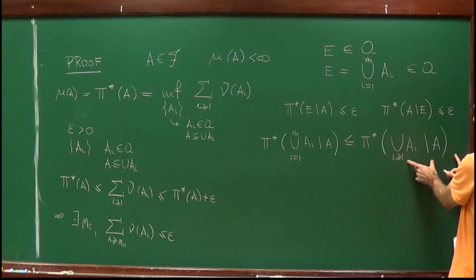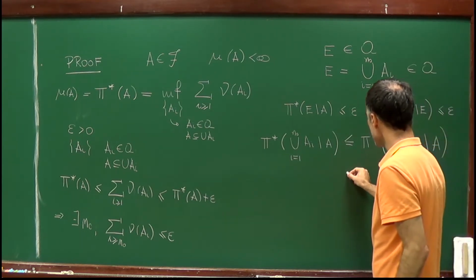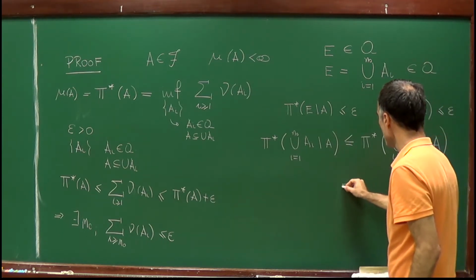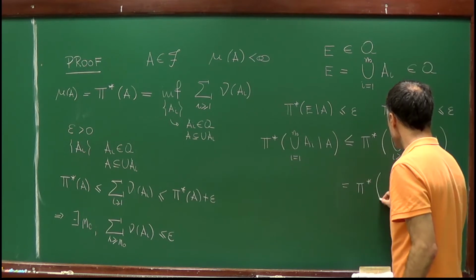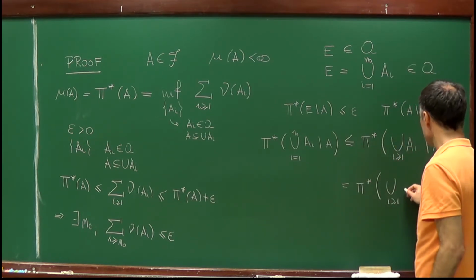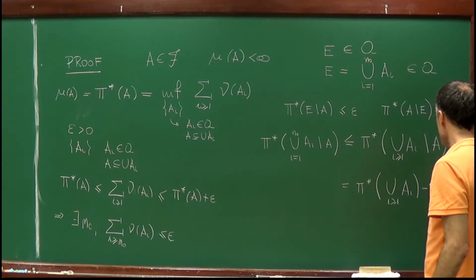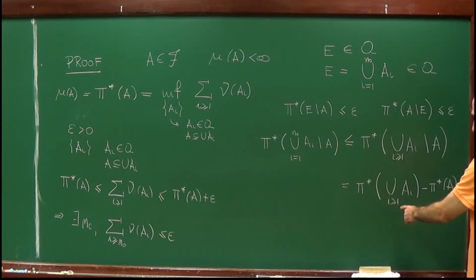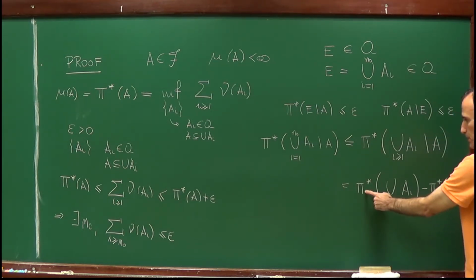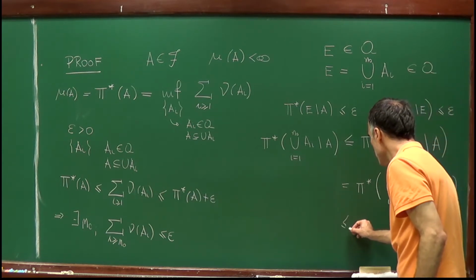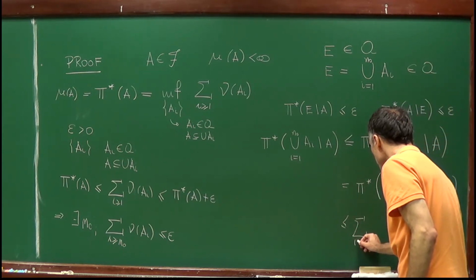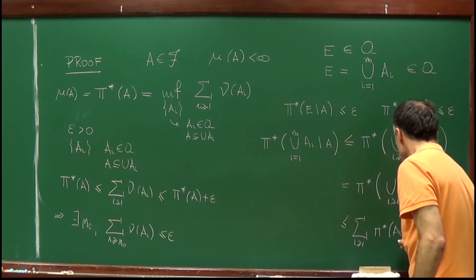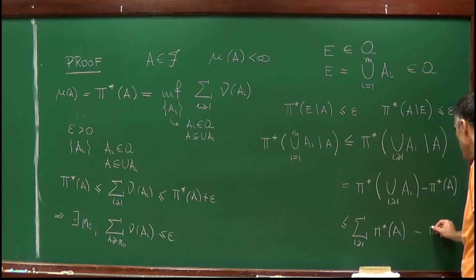Therefore, P star of this set is in fact equal to P star of the union minus P star of A. By subadditivity of the measure, P star of the union is less than or equal to the sum of P star of AI, minus P star of A.